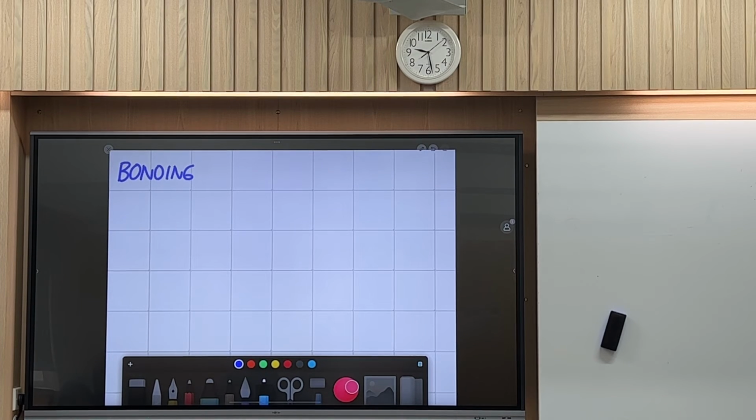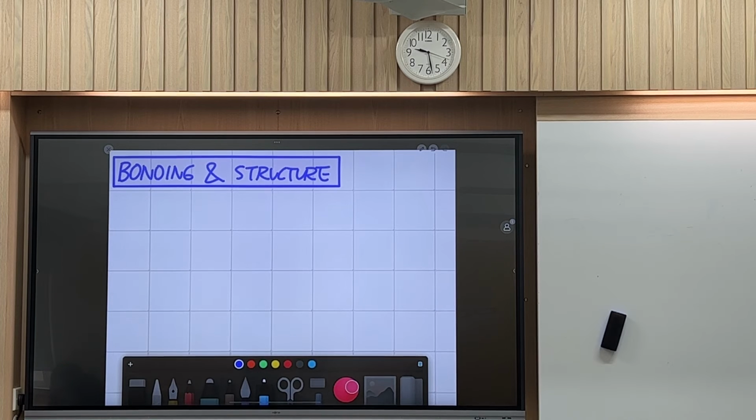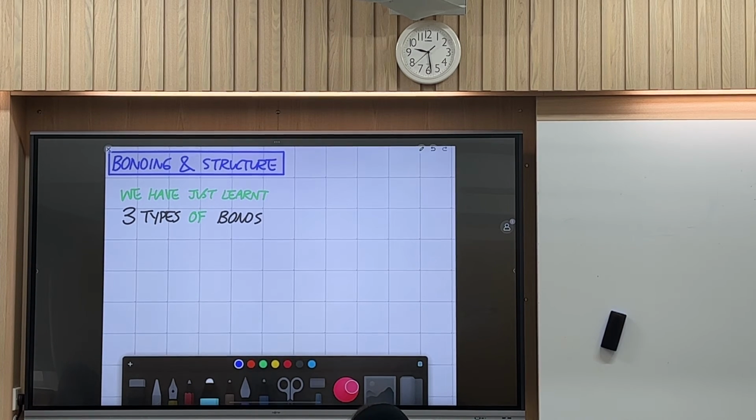We have just learned three types of bonds: ionic, covalent, and metallic, and we are about to learn four types of structures.